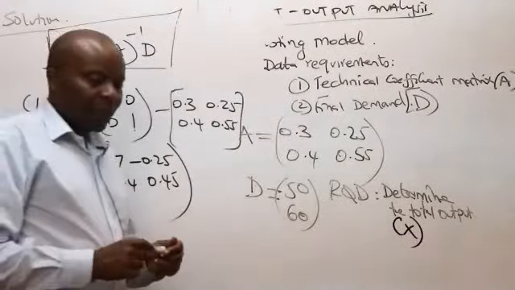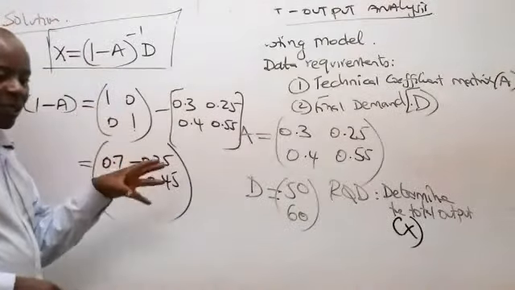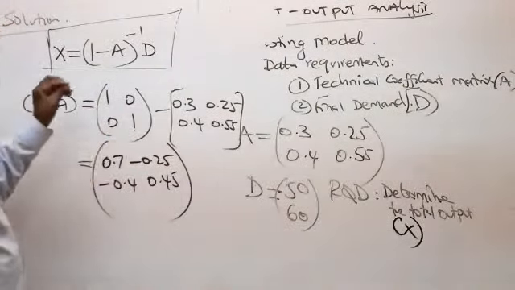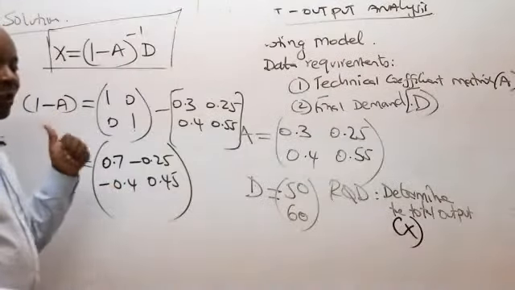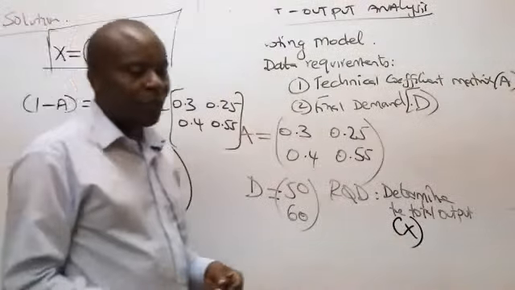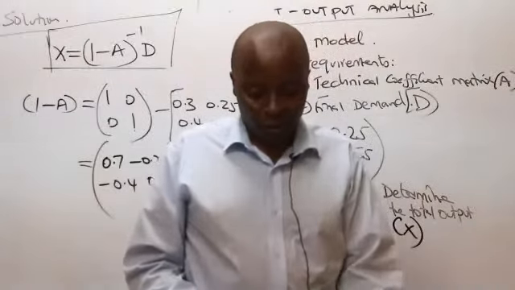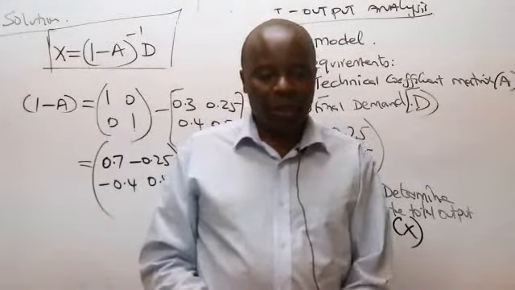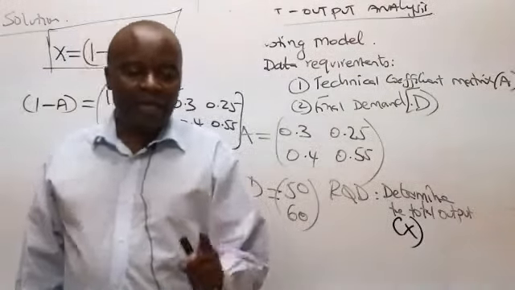Now, ladies and gentlemen, if you are a keen student, having gotten this that is in brackets, what do you think will be the next thing to be done as per the formula? Find the inverse.